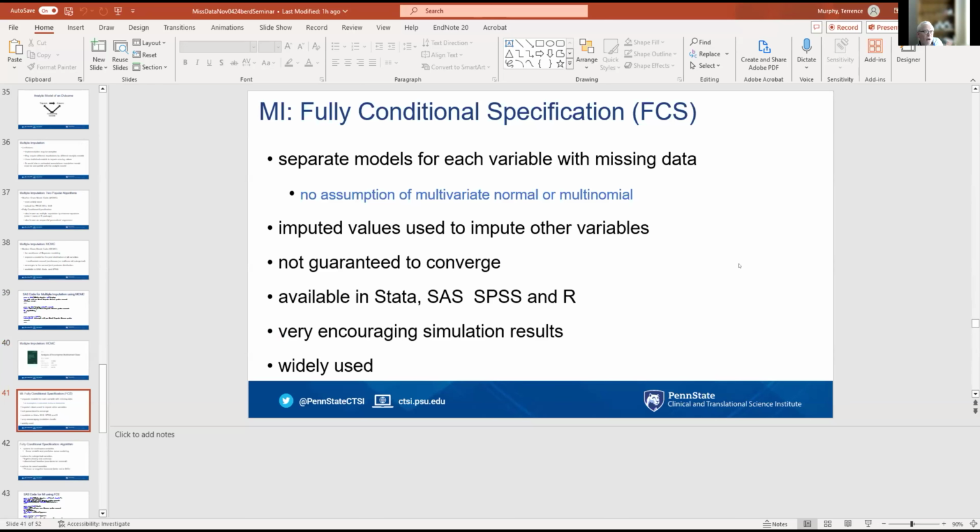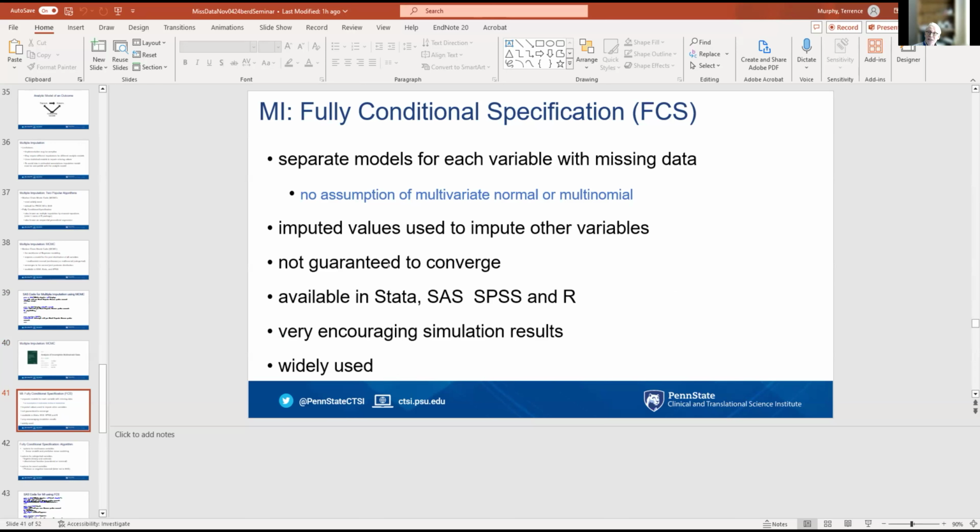Now, the other algorithmic approach is called fully conditional specification. This does not assume a broad overall multivariate distribution for all the variables. Rather, it allows you to pick a separate model for each variable that has missing data.